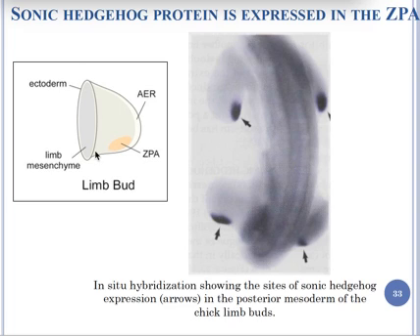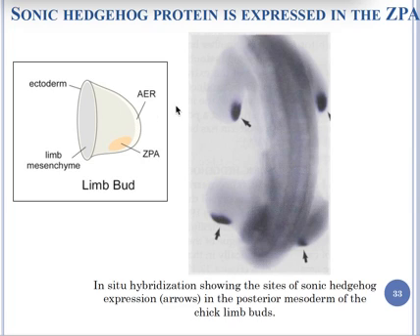So in the limb bud, we talked about the AER, which is a main signaling center responsible for the formation and the growing of the limb according to the proximal distal axis. The main agent of the AER is FGF8, which will induce all the time the expression of FGF10 in the progress zone.